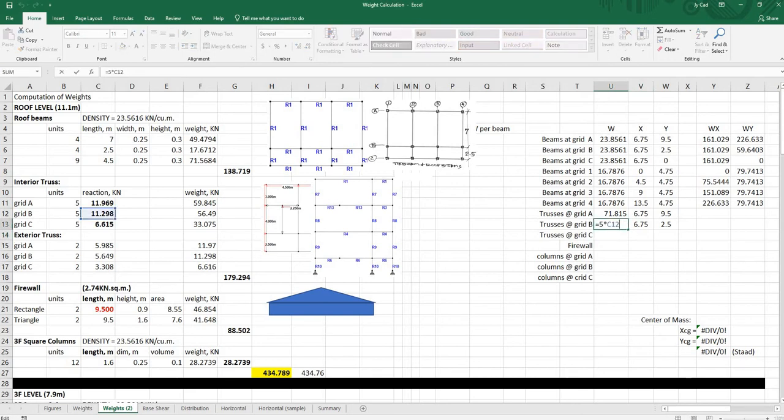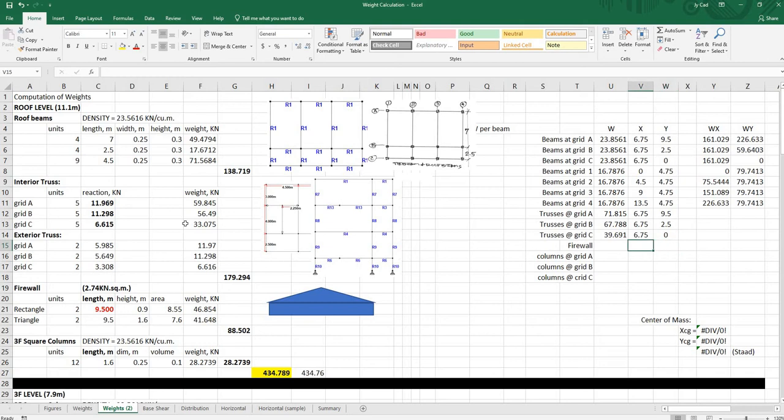Okay, balik tayo sa grid B, 5 times the interior truss reaction plus 2 times the exterior truss reaction at grid B. Ayan. And then at grid C, we have 5 times interior truss reaction at C plus 2 times the exterior truss reaction at grid C. Ayan. Still, it is 6.75, pero ang Y niya ngayon ay 0.